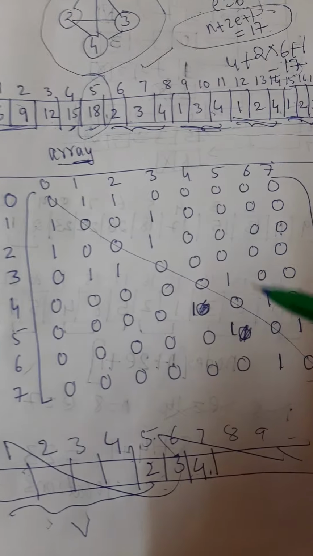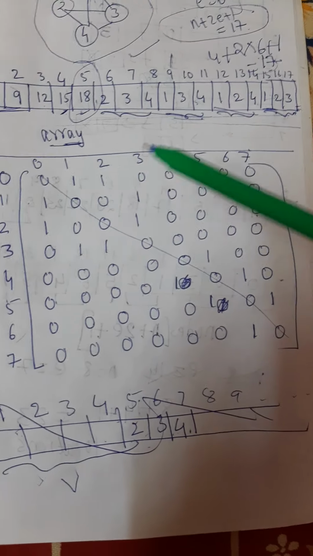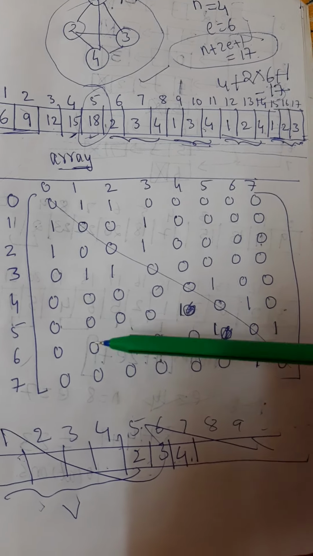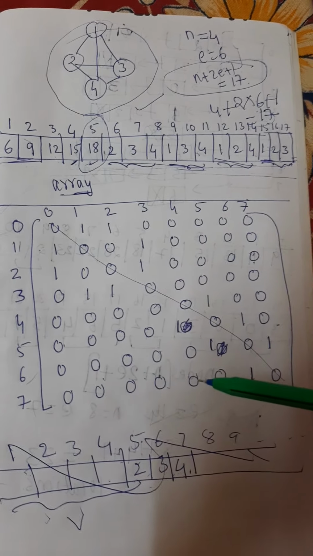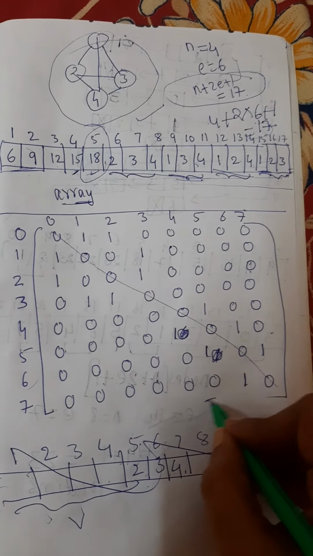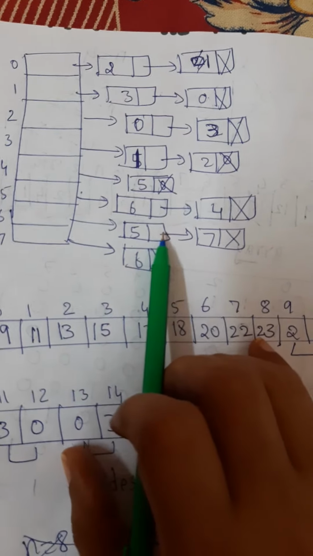Now, if you take this example, the adjacency matrix is given to us, and if you observe, it is a symmetric matrix. For this, let us go with the array representation. So take this matrix, and for the same matrix I have shown the adjacency list also.